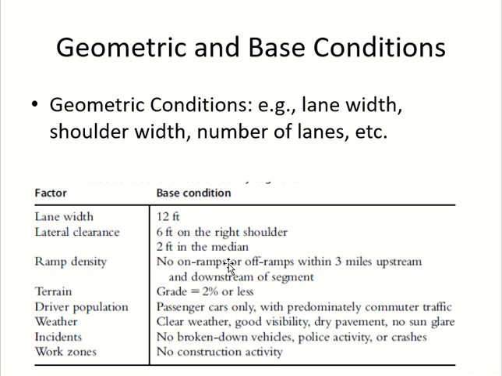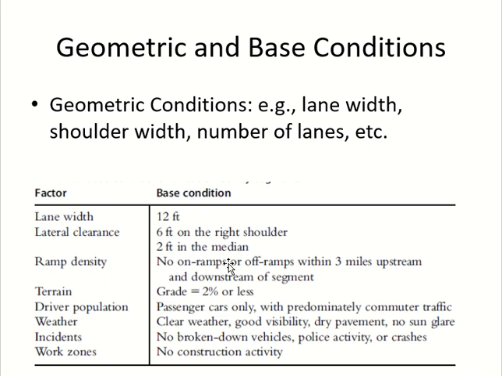So clear weather, basically the ideal weather conditions are those which do not have any problem with visibility due to fog or rain or snow or glare or any reason. Then we have incidents. So the ideal condition here is we should not have any incidents, and these incidents may refer to a vehicle breaking down, a crash, police activity, protocol, anything like this.